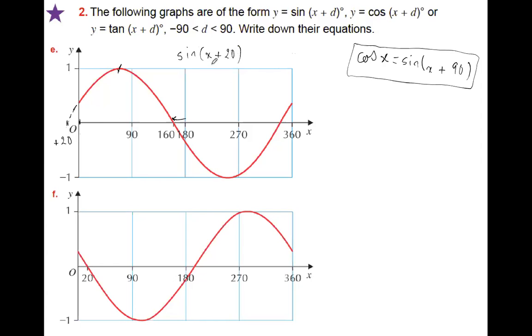And if you want to convince yourself, when x is negative 20, sine is 0, which is the case, because sine 0 equals 0. You need negative 20 plus 20 to have 0, and that works for us. Okay? Sine x plus 20 is this one.